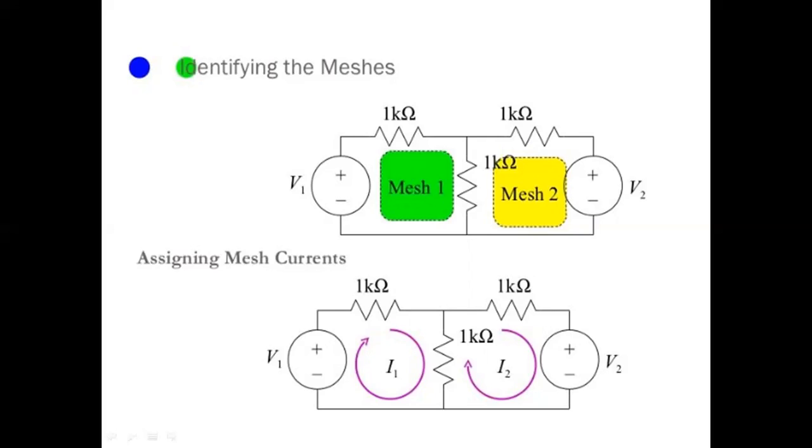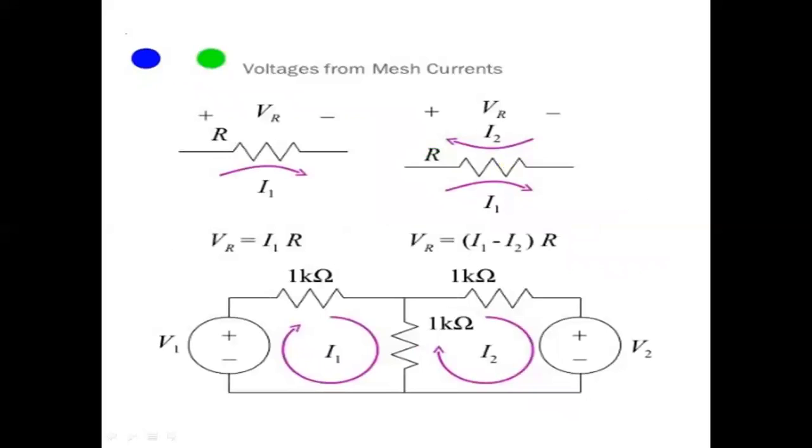Now after assigning the current, we have to develop the equation. So how to develop the equation? This is very important. On the topmost left hand side resistance, you can find that current is going from left to right. That means the direction of rotation is clockwise. On the top of the resistance, it is showing that the voltage is VR and the resistance value is R. On the left hand side, the polarity of the resistance is positive, and on the right hand side the polarity is negative.